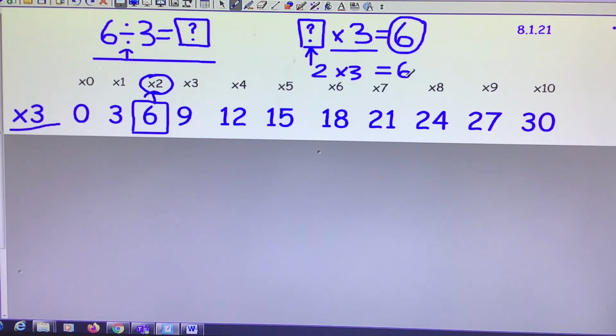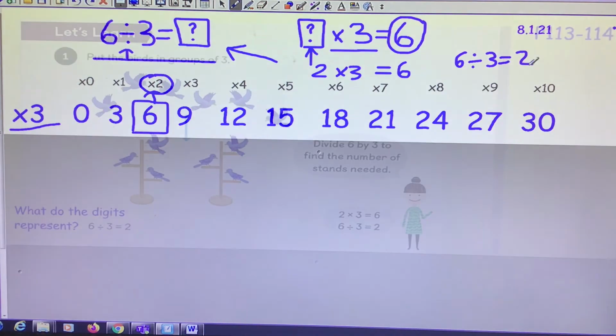And because we know this, we can use this to help solve our division over here because of our number families. Okay? Because 2 times 3 equals 6, we can also say 6 divided by 3 equals 2.